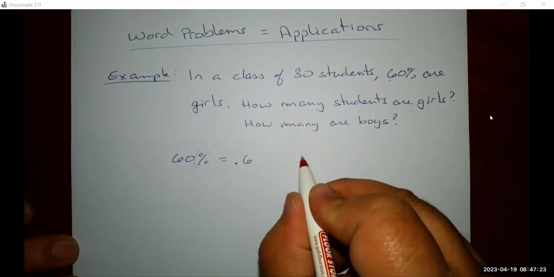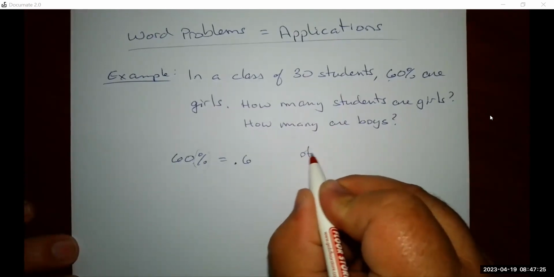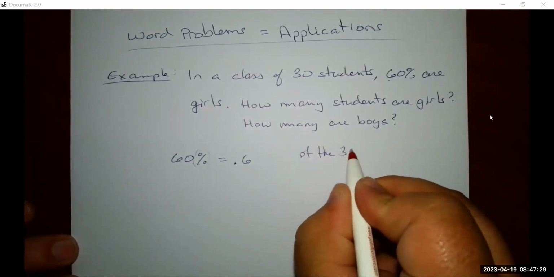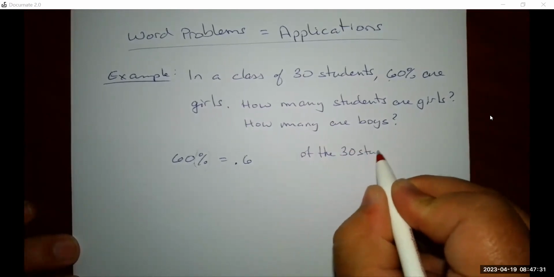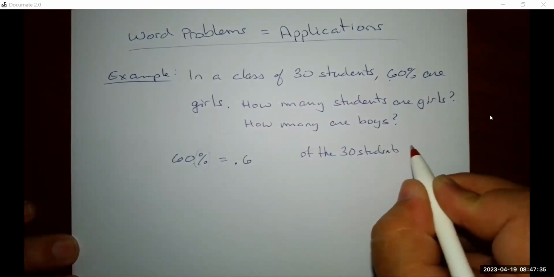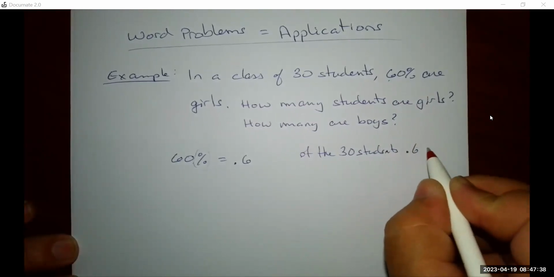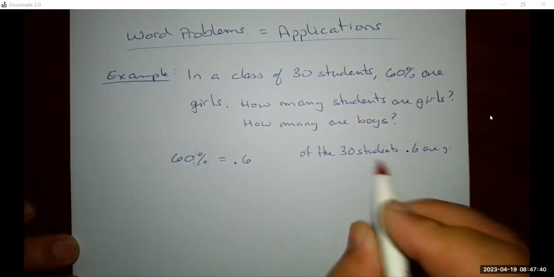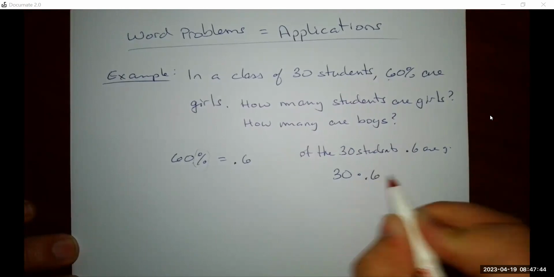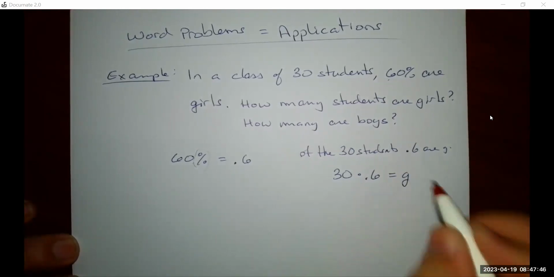So we know that of the 30 students, 0.6 are girls. So 30 times 0.6 equals the girls.